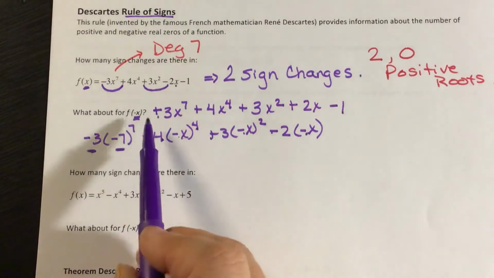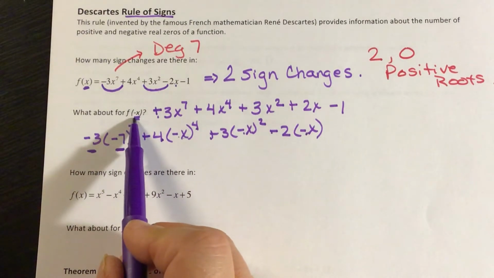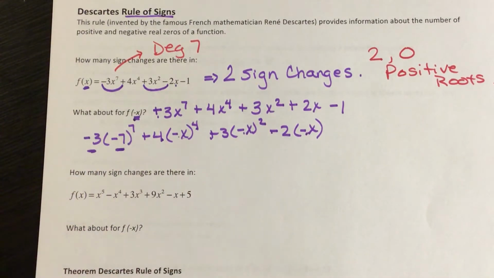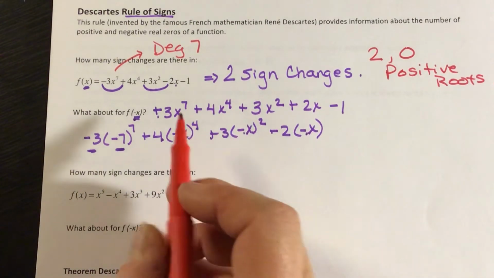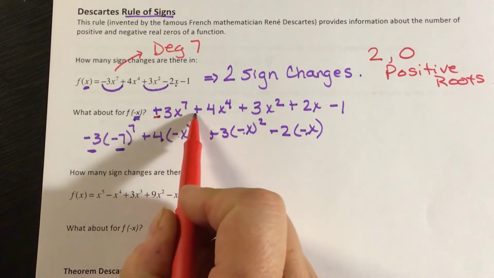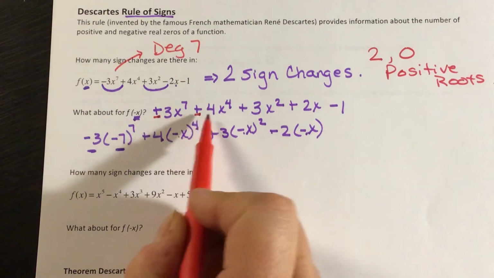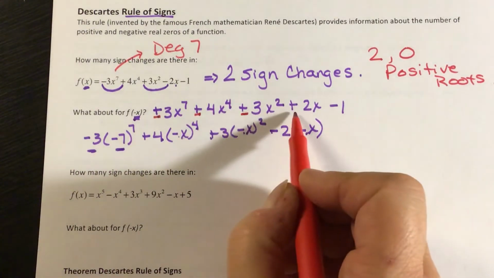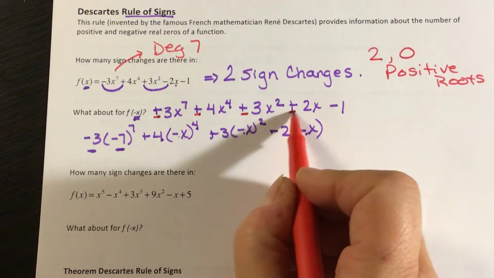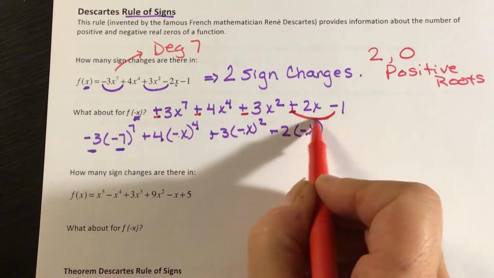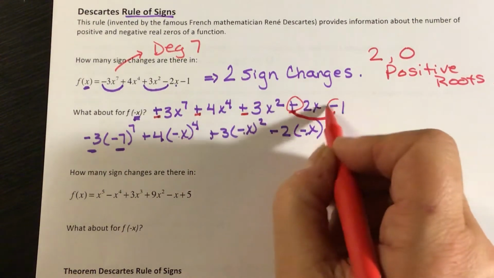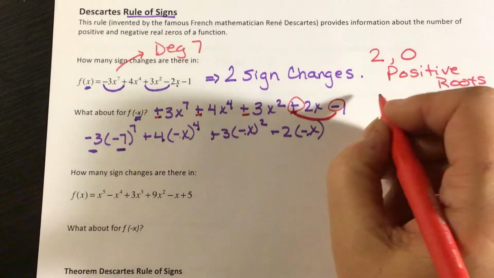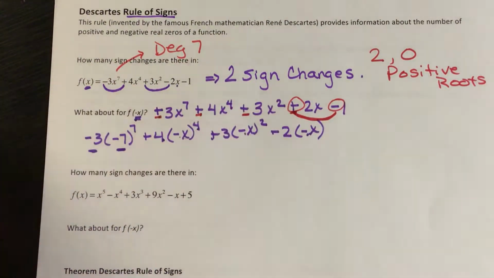So after I substitute for negative x, I'm again going to look at the sign changes. So from positive to positive, that doesn't change. Positive to positive, it doesn't change. Positive to positive, it doesn't change. But positive to negative, this is where my sign changes, and it only changes one time.